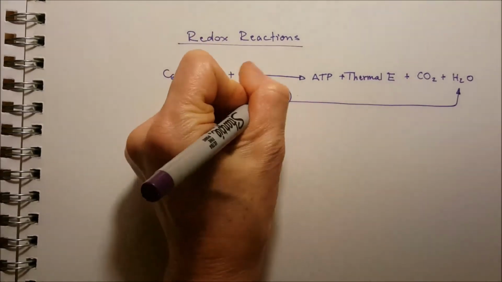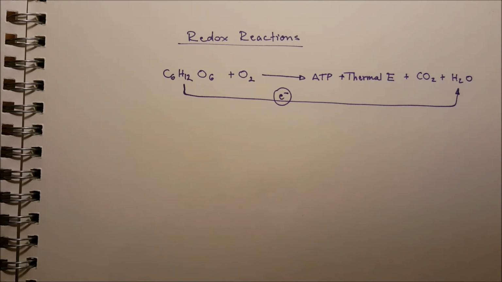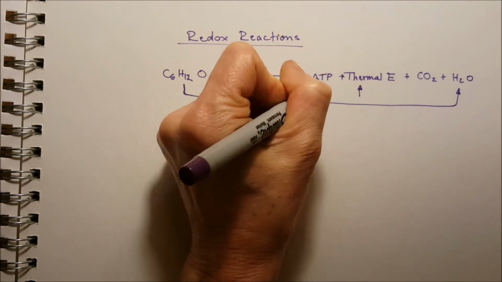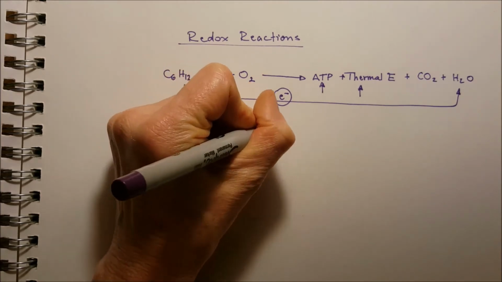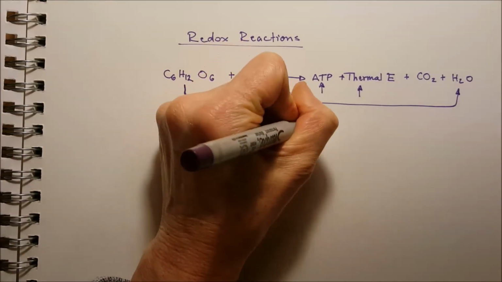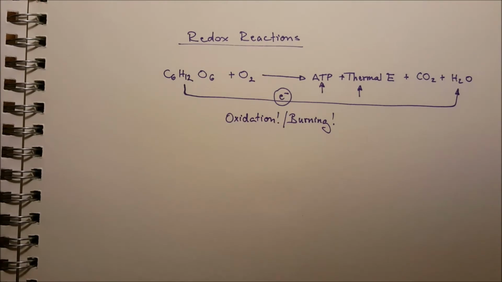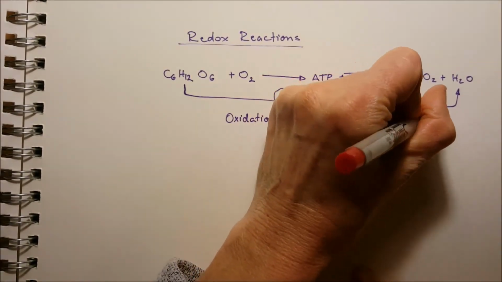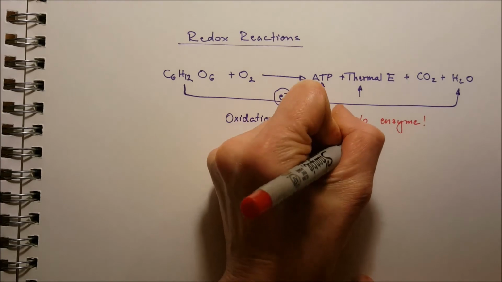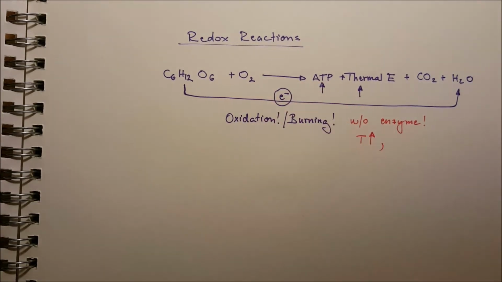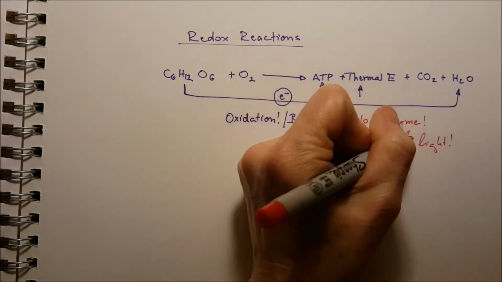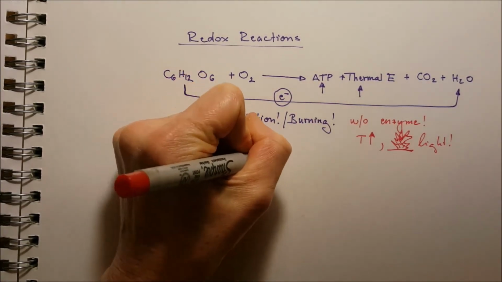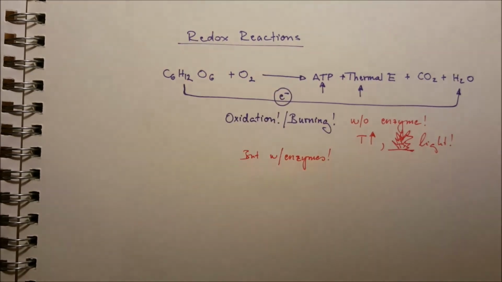The sugar molecule is losing electrons and gives off its electrons to the water molecule. So the loss of electrons from one substance is called the oxidation. This is basically the burning. Without enzymes, it would be a really hot reaction, and it would even produce light.